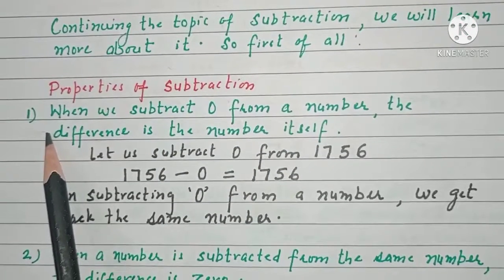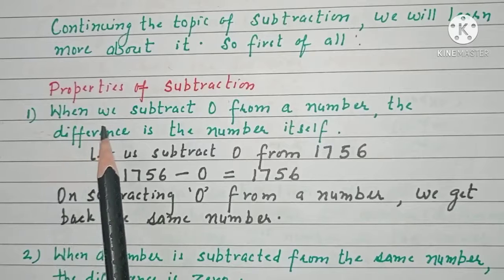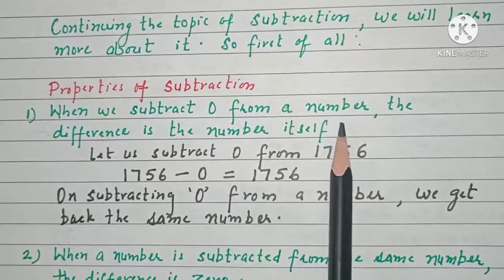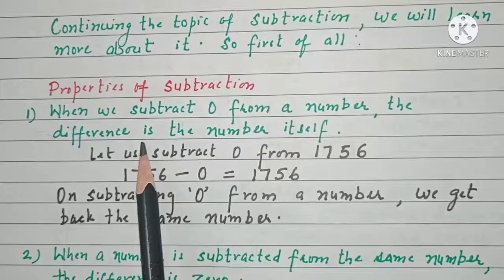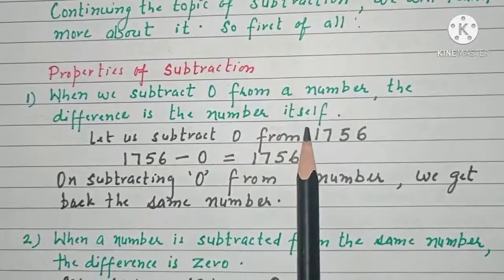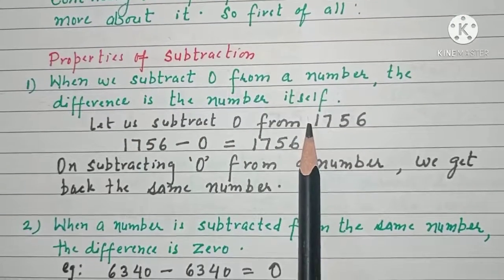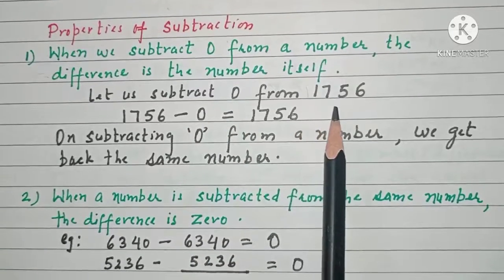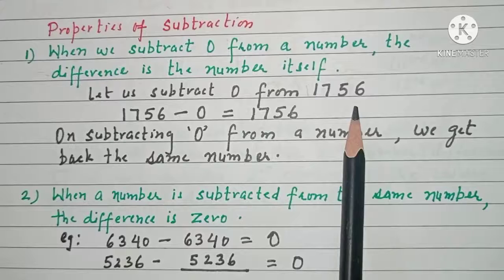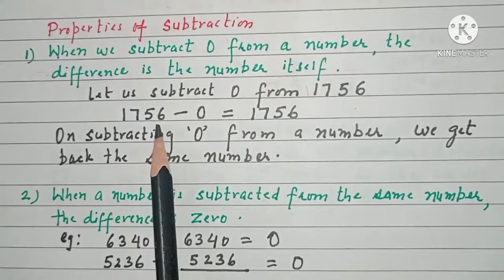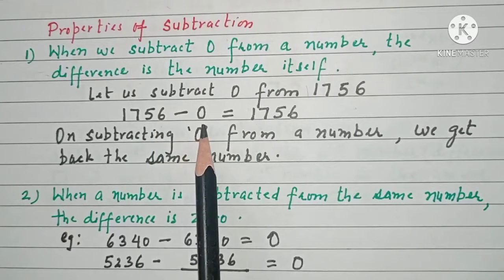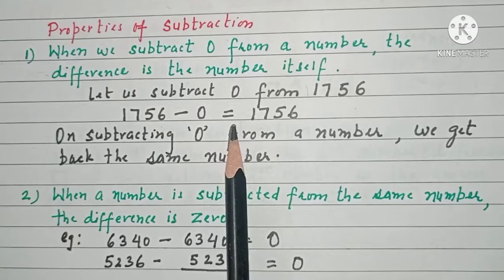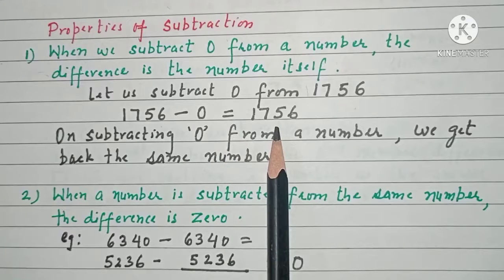Students, as per the first property, when we subtract 0 from a number, the difference is the number itself. For example, let us subtract 0 from 1756. That is, 1756 minus 0 will give you the answer as the same number, that is 1756.